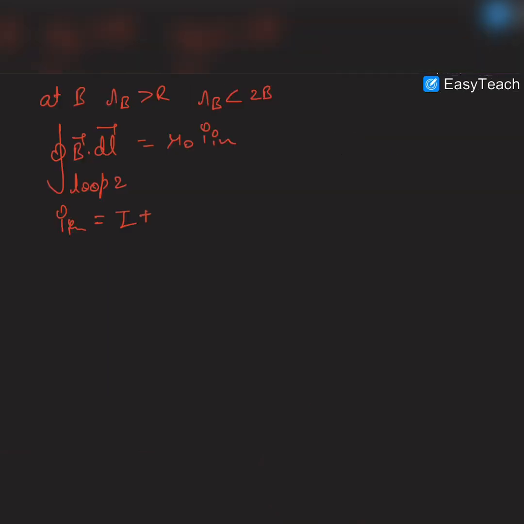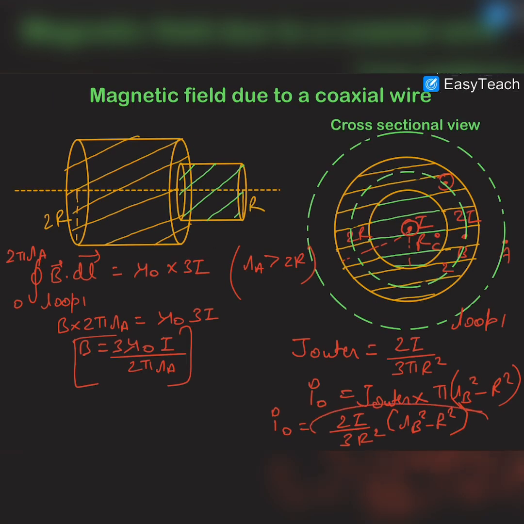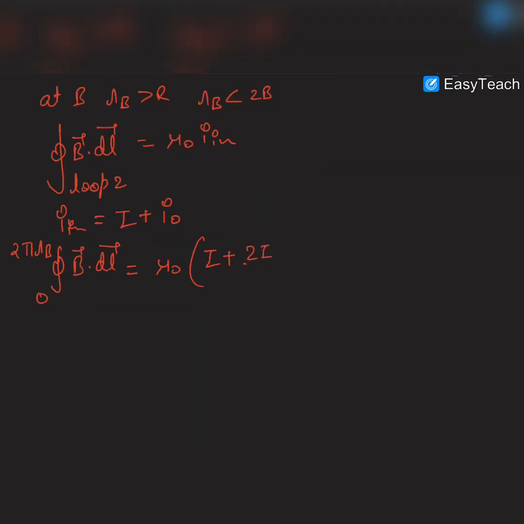Therefore the integration of B dot dl, with limits from 0 to 2 pi RB, will be equal to mu naught into I plus 2I by 3R square into RB square minus R square, and this is B into 2 pi RB.